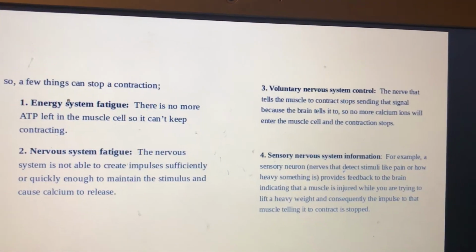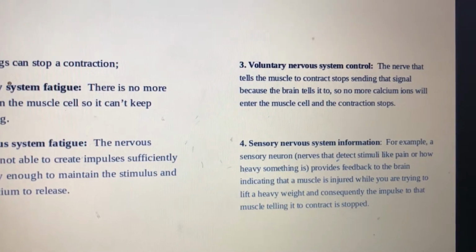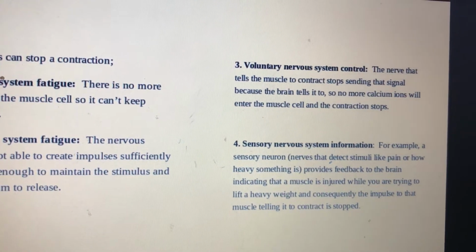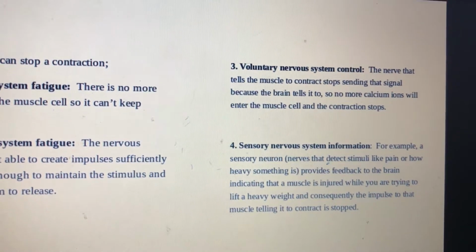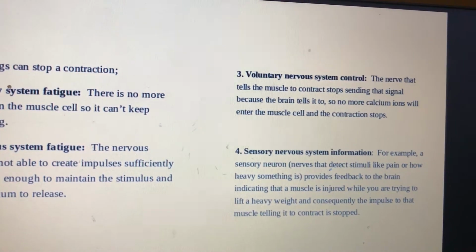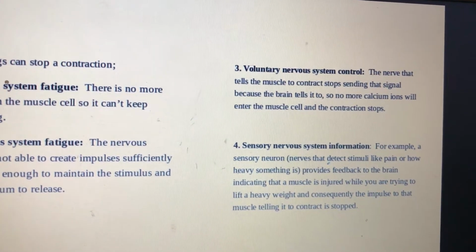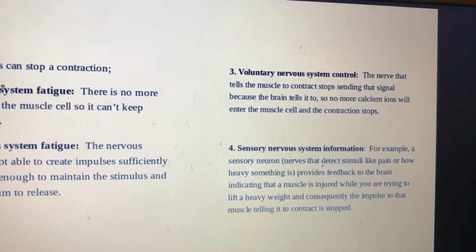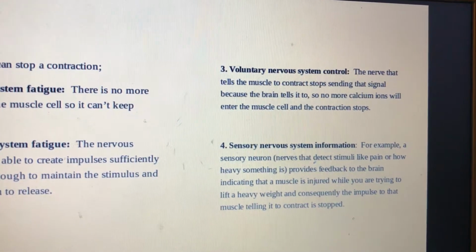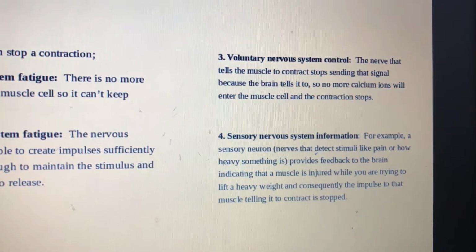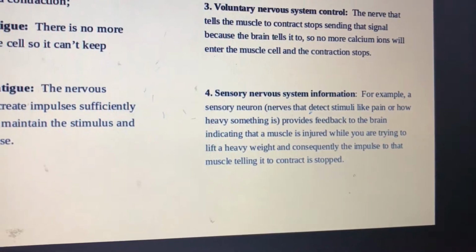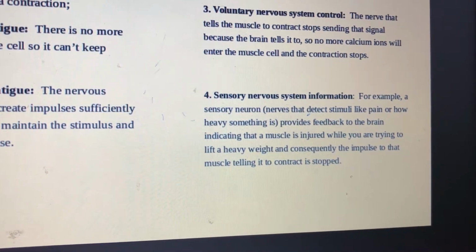Number 3 is voluntary nervous system control. The nerve that tells the muscles to contract stops sending that signal because the brain tells it to. So no more calcium ions will enter the muscle cell and the contraction stops. And number 4 is sensory nervous system information.